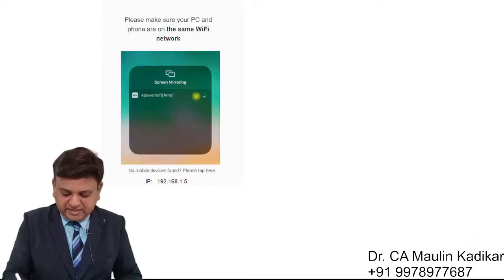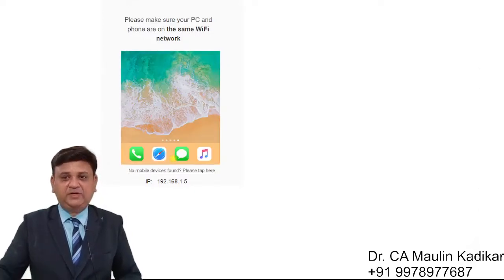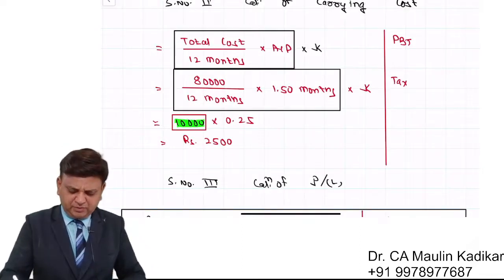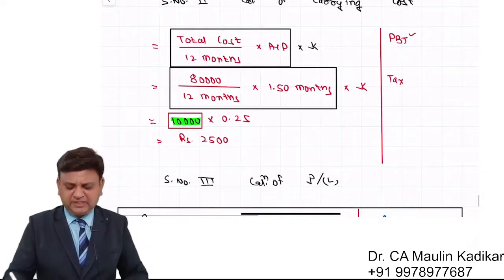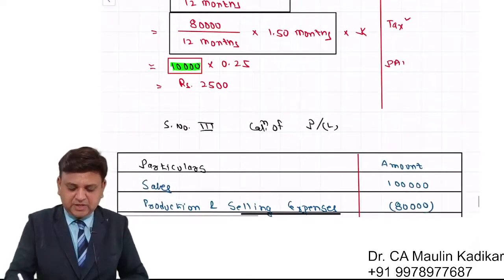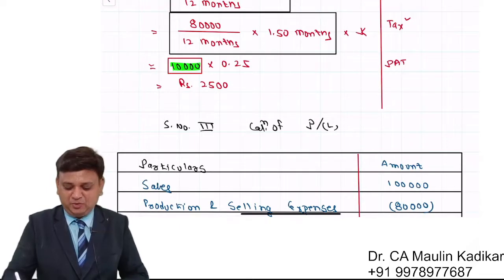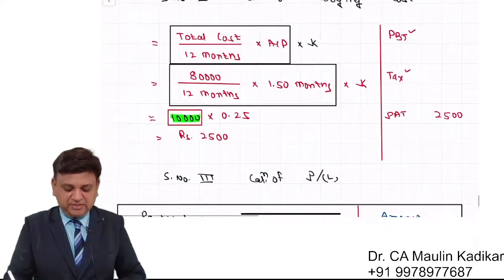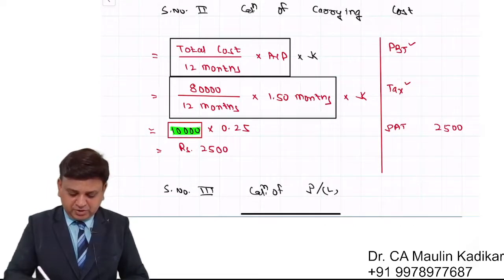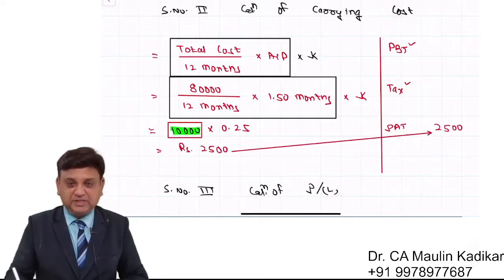From that you will pay tax, and then you will have the profit after taxes. How much? 2,500.